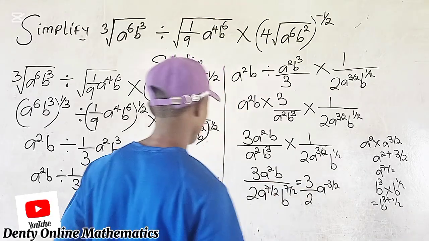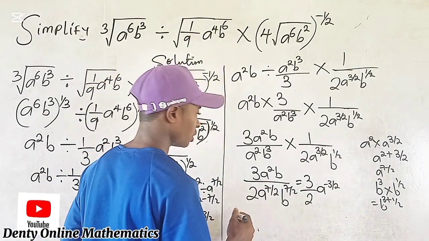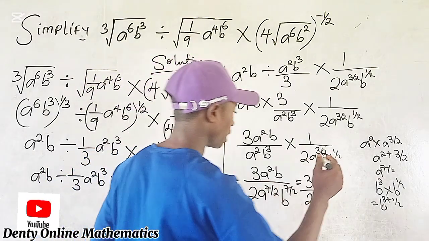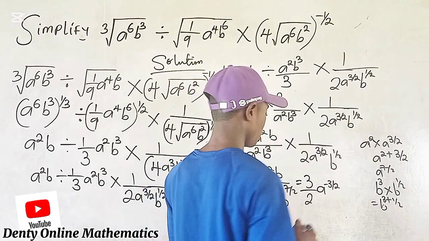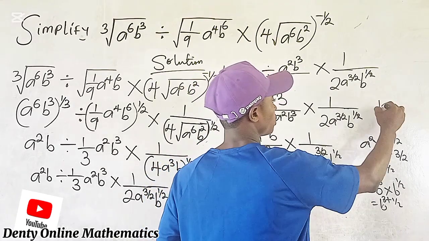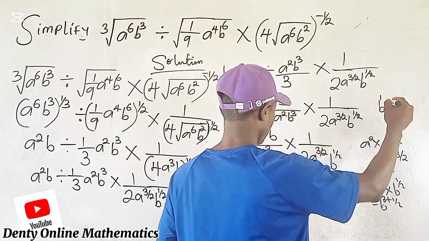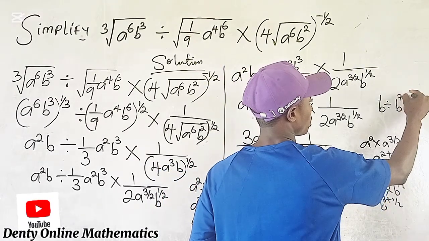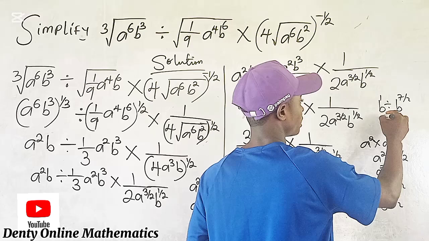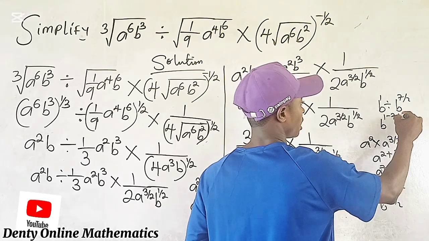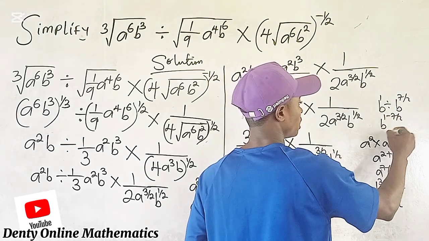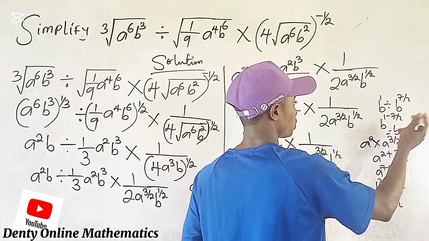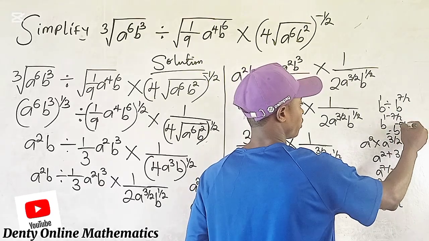And then for b now, our b is raised to the power of 1. So b raised to the power of 1 divided by b raised to the power of 7 over 2. I'll still pick one of the base and subtract the exponent. So 2 times 1 will be 2. 2 minus 7 will give us minus 5 over 2.